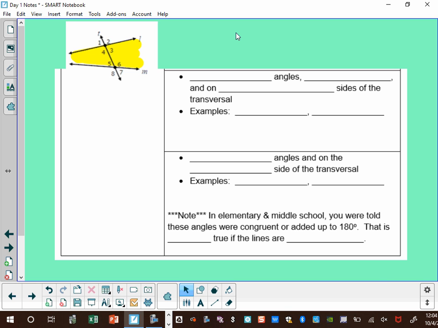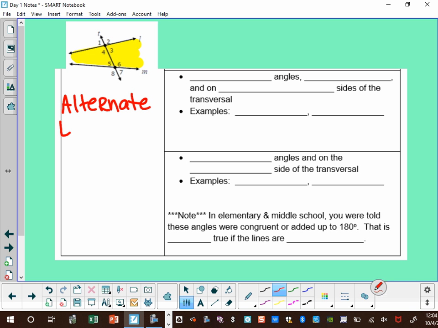All right, the next one is alternate exterior angles. That's my next definition.